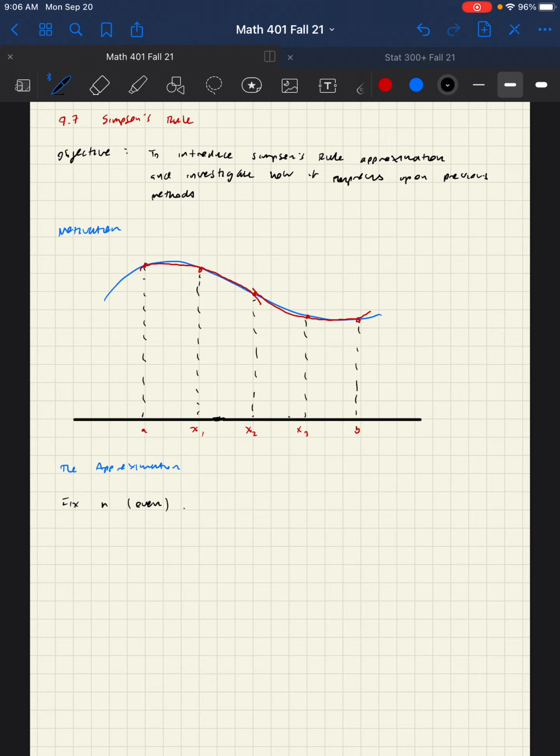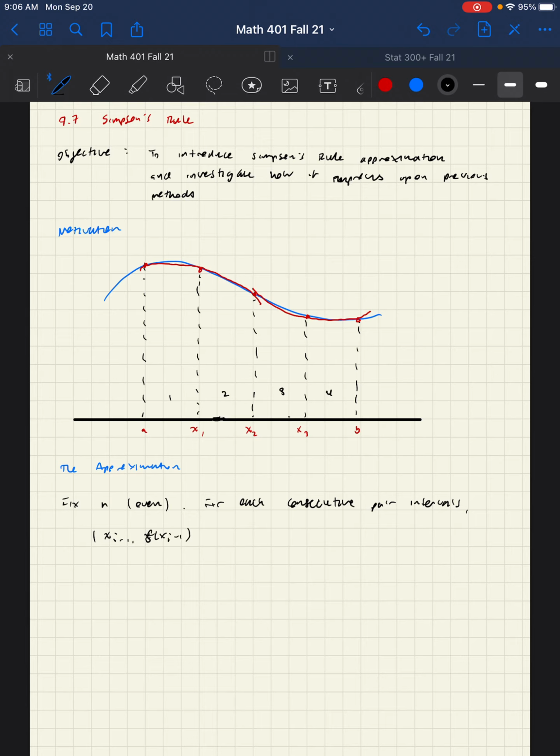So we're going to fix the number of subdivisions, an even number of them, and for each consecutive pair of intervals, so we're not just using one interval at a time, we're using 2. So here's interval 1, here's interval 2, 3, and 4, right?